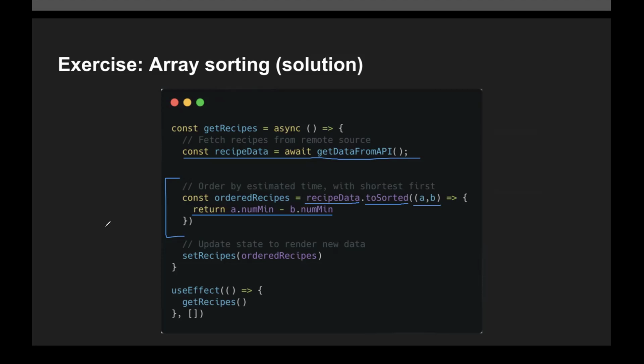The only thing I would highlight here is I tried to demonstrate in this example the typical structure of code that you might see. First you might fetch data from some data source. Then you will probably do some sort of manipulation on the data. And then you will update some state you have with the data, and then it will update your UI and propagate.